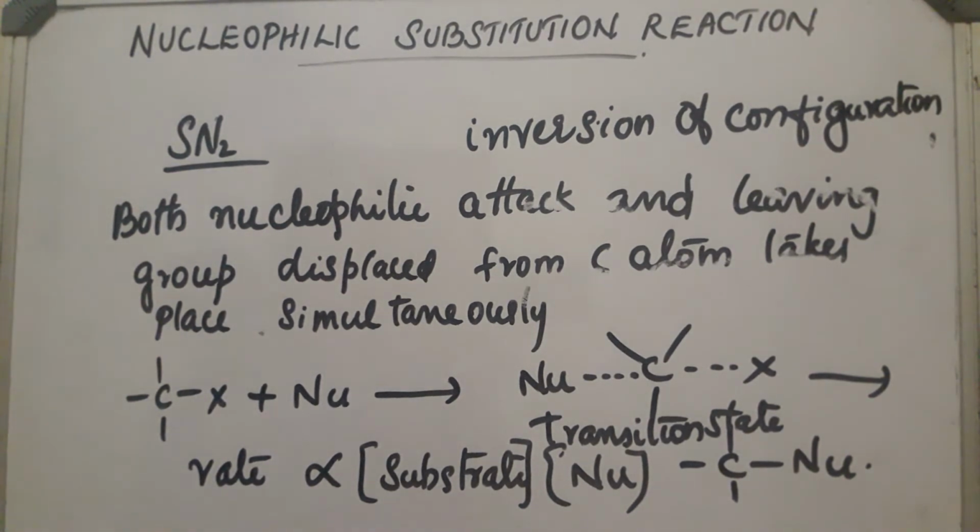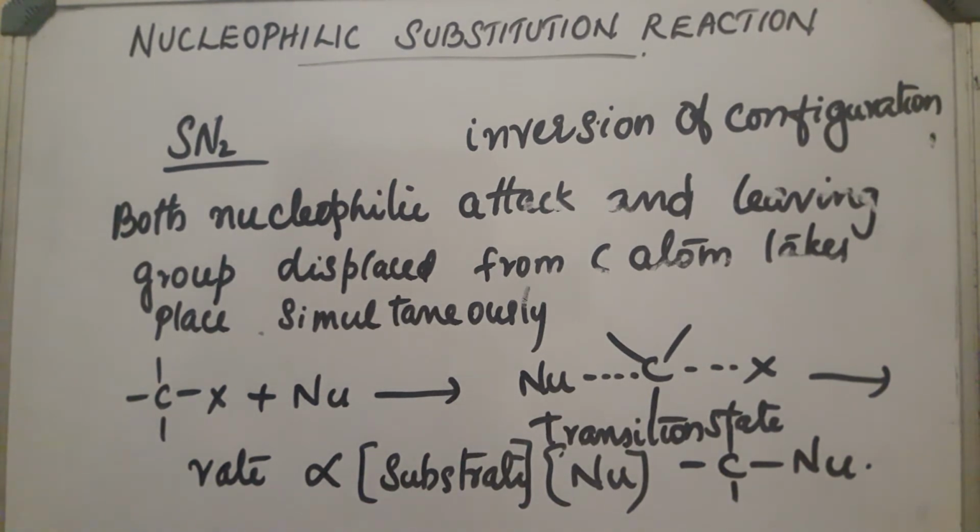Now, what will be the stability? We know that this takes place through the transition state, and the transition state is bulky. So in the case of tertiary compounds, the transition state obtained will be highly bulky. So the SN2 reaction is very feeble and does not take place in the case of tertiary.